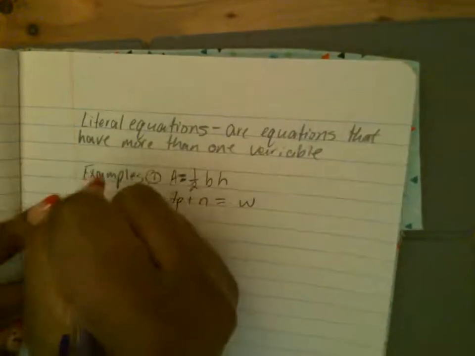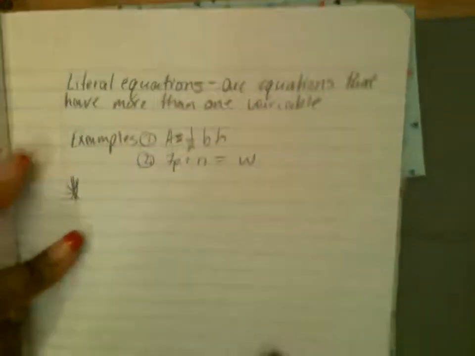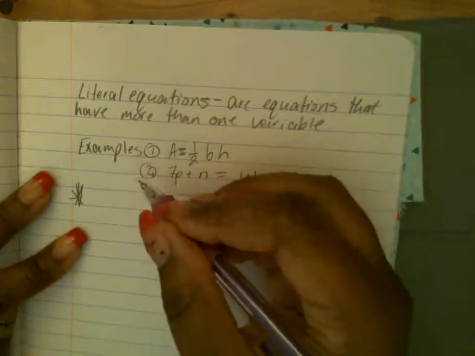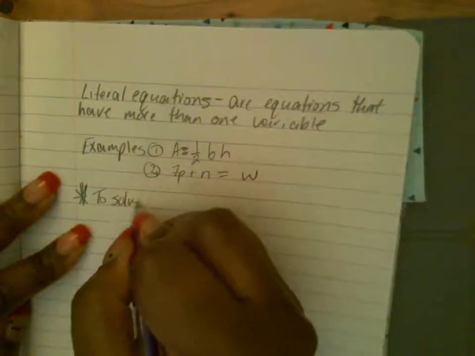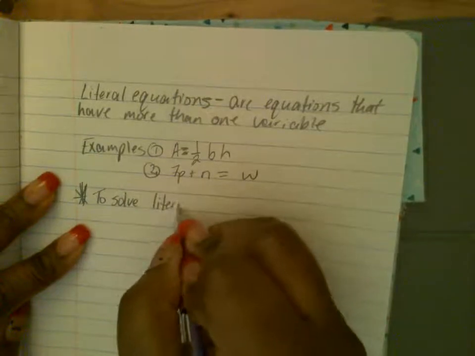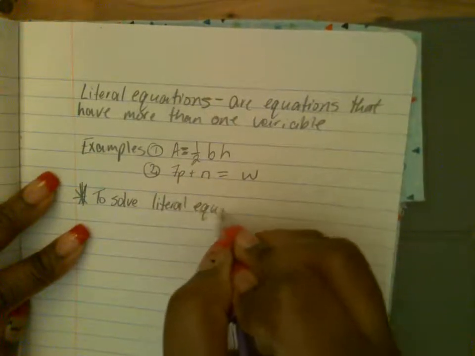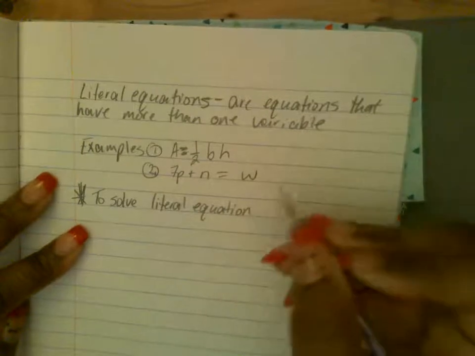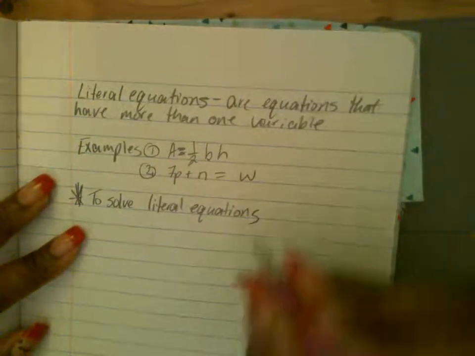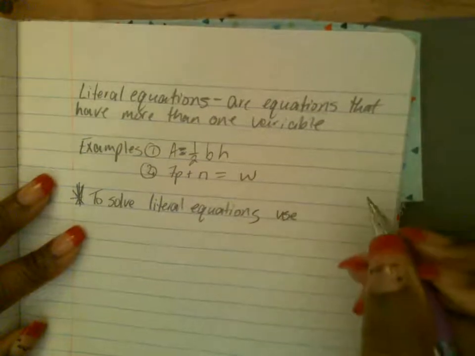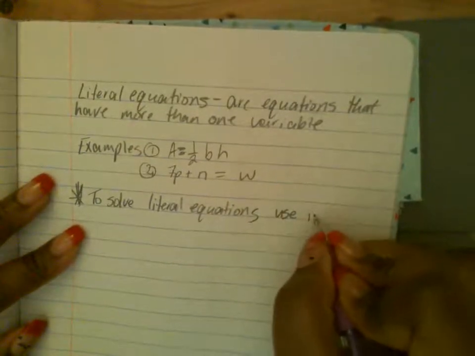Okay, so to solve a literal equation, super important. We put the asterisk beside super important stuff. To solve literal equations, you're going to use algebra to isolate the variable. I'm going to say inverse operations, really.